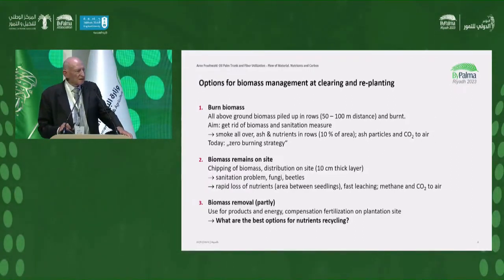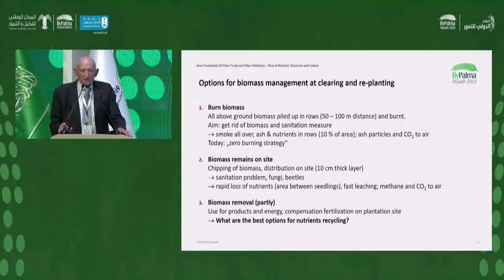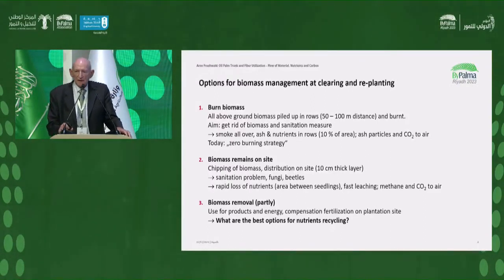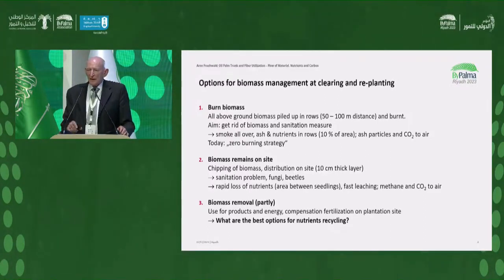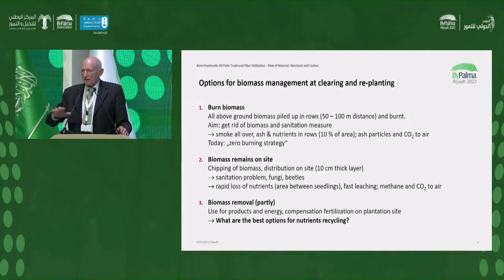Then this was forbidden, so the zero burning strategy was introduced by law in most of the countries, or in all of the countries. What is done today is that the biomass is chipped and distributed on the ground. Imagine 130 tons chipped on a hectare is a layer of about 10 centimeters thickness.